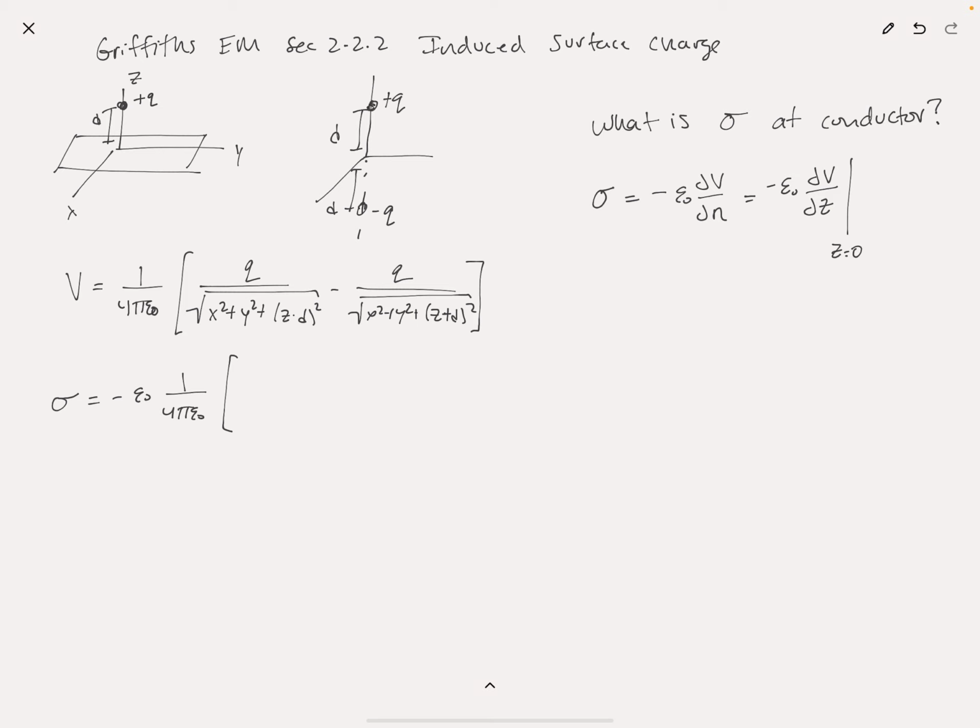I'm not going to do all of the math steps, but this becomes minus q (z minus d) over (x squared plus y squared plus (z minus d) squared) all to the 3/2, plus q (z plus d) over something that looks very similar, (x squared plus y squared plus (z plus d) squared) all to the 3/2.